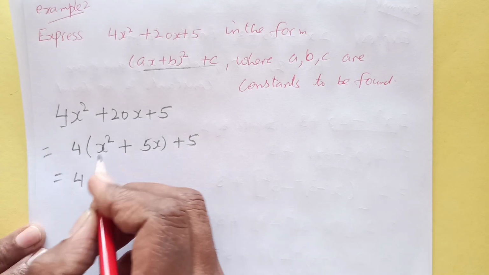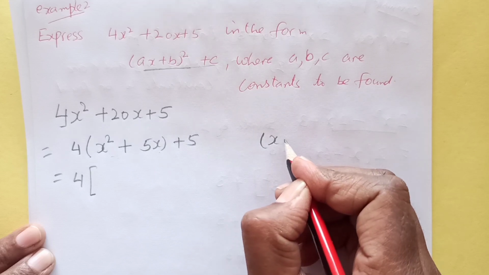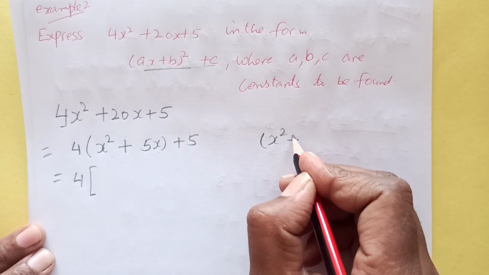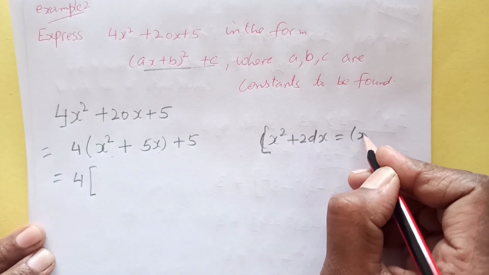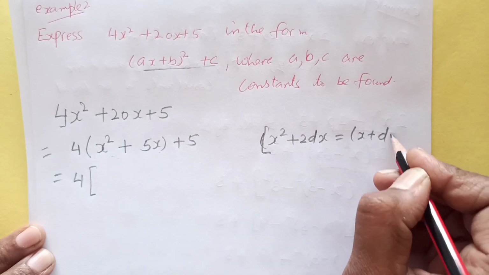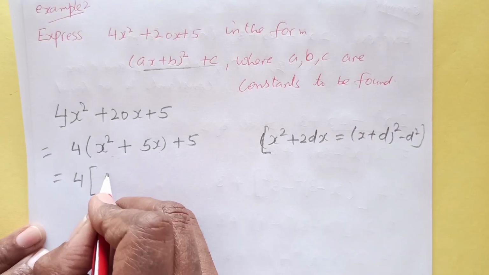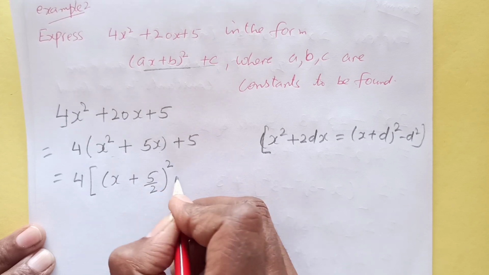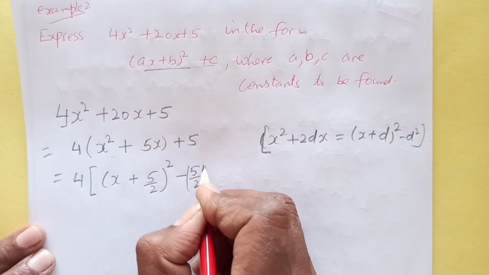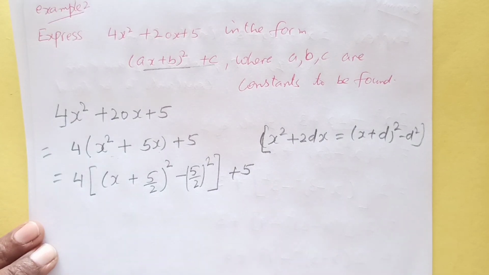So 4, then this one, what was the formula? The formula was x squared plus 2dx is equal to x plus d squared minus d squared. So x, half of 5 is 5 over 2, squared, minus 5 over 2 squared, plus 5 is outside.